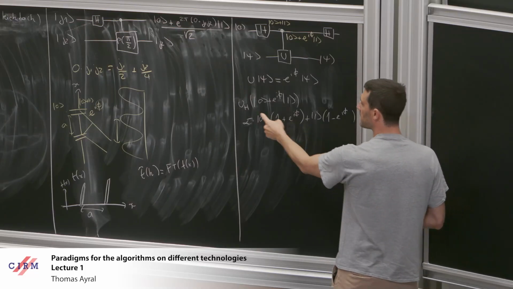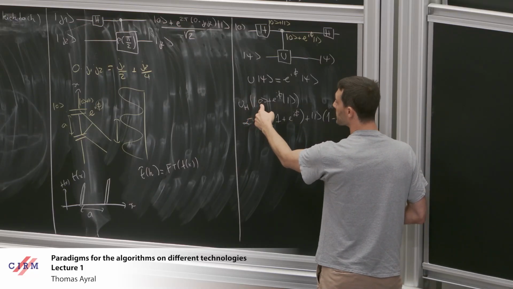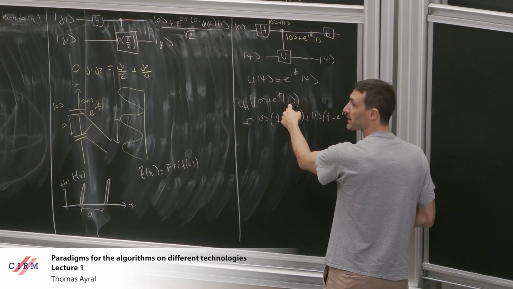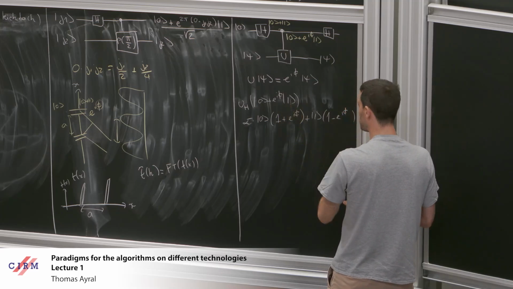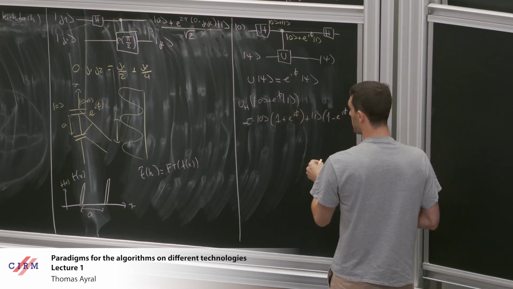Do you agree with that? So H applied on |0> is |0> plus |1>, and H applied on |1> is |0> minus |1>. That's why I get a plus sign here and a minus sign here. Okay, that's it.